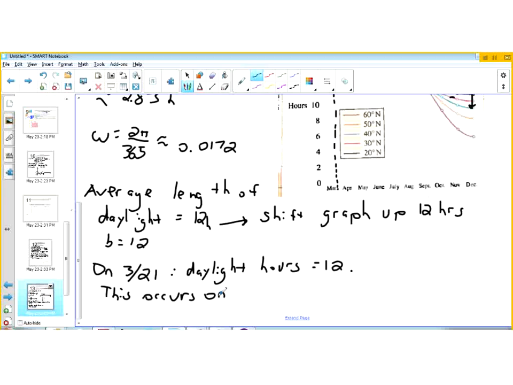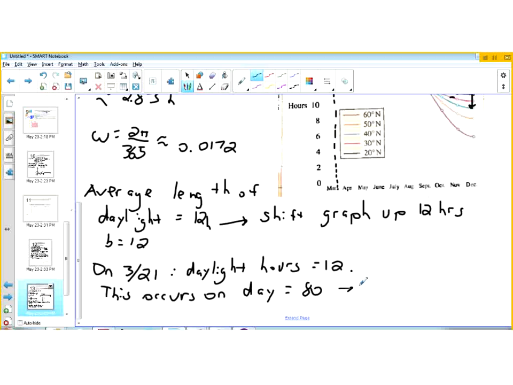January has 31, February has 28, so that would be 59, and then 59 and 21 would be 80, right? So this occurs on day 80. Okay, so you see how that works? So that's why I chose March 21st, because 80 is a nice number to work with. It's a multiple of 10.